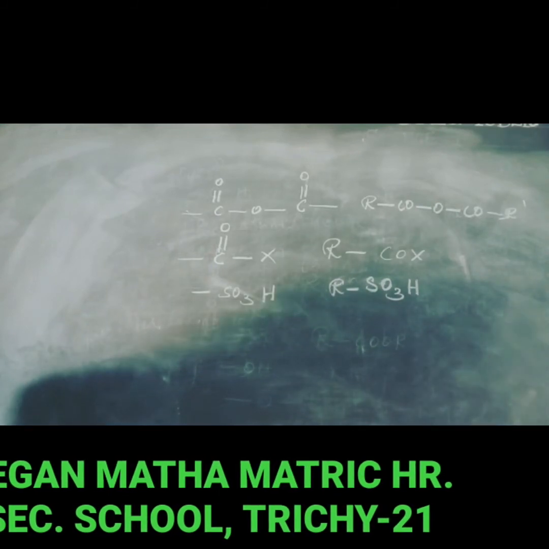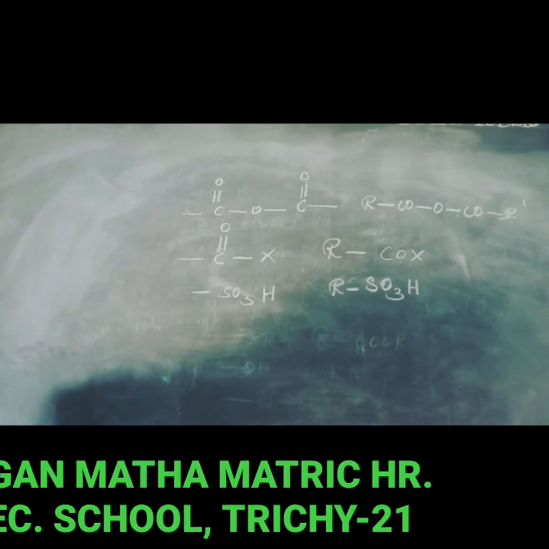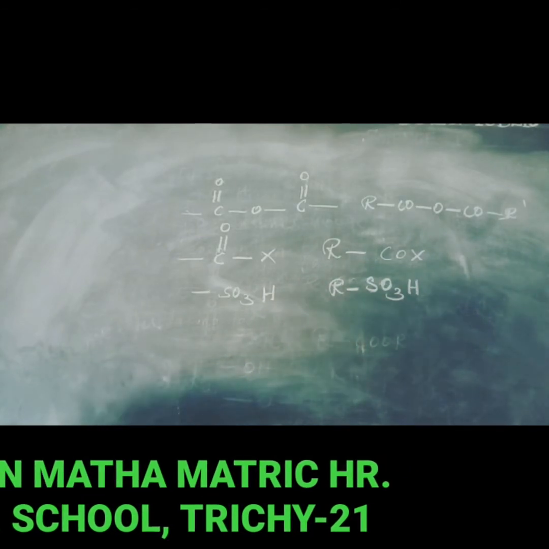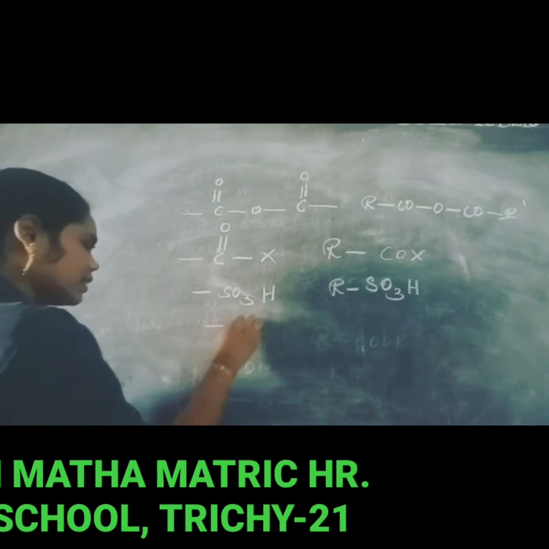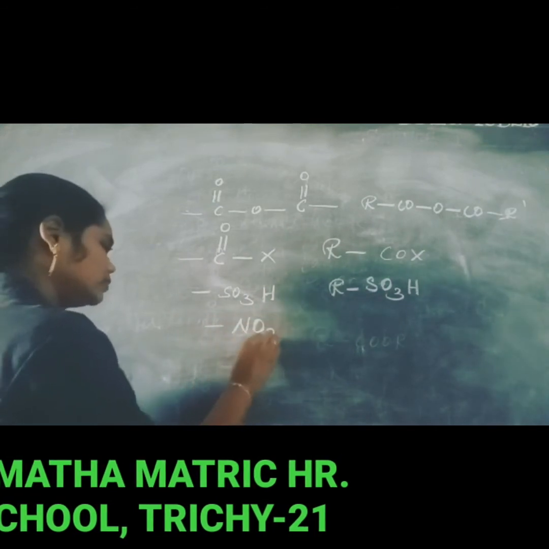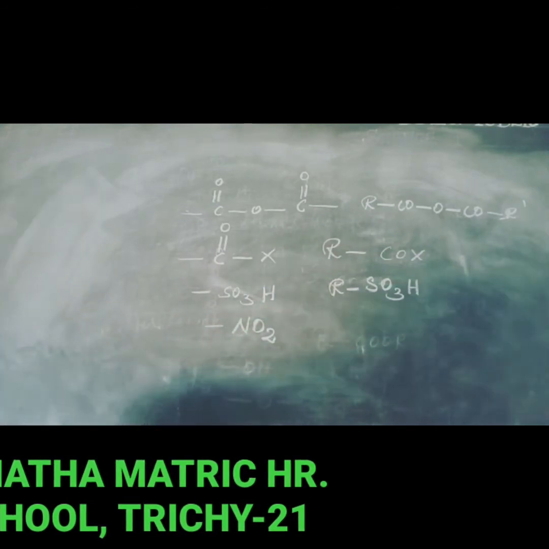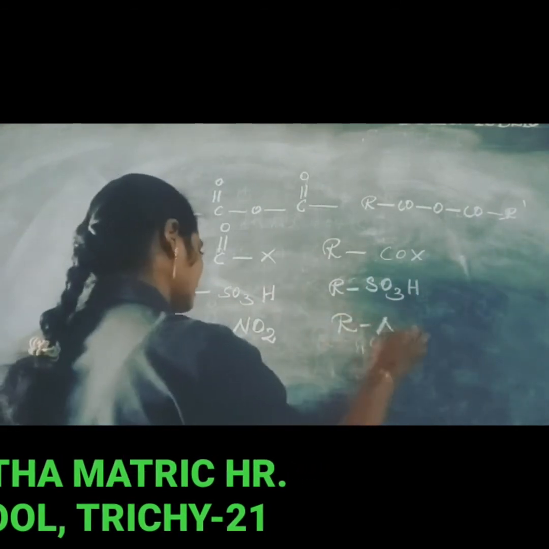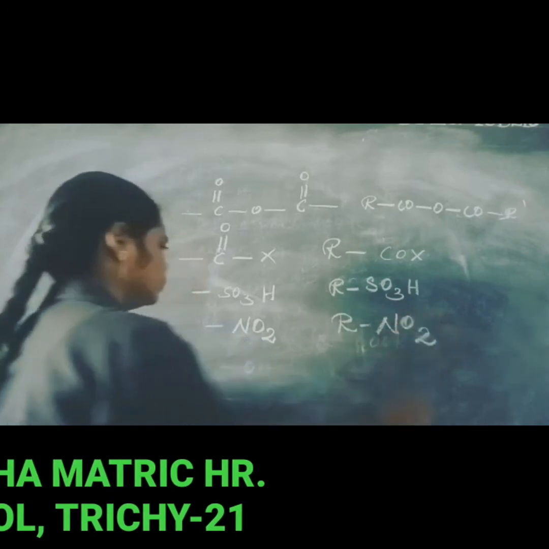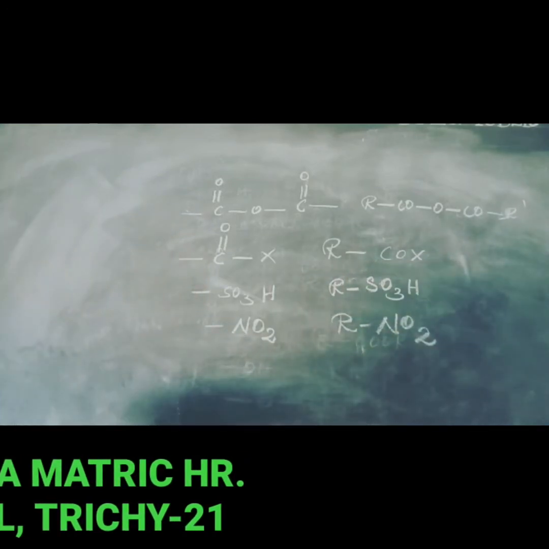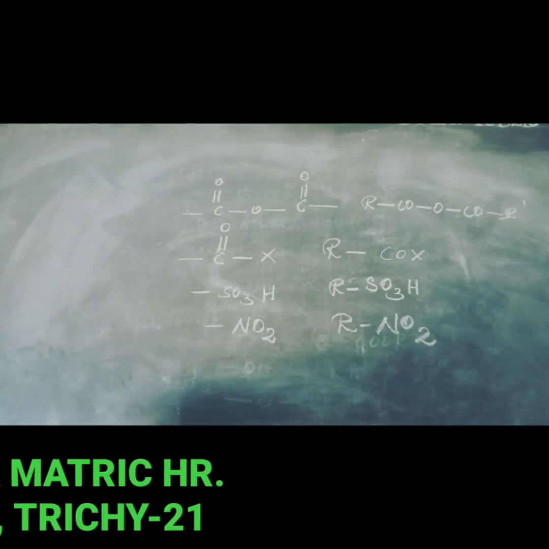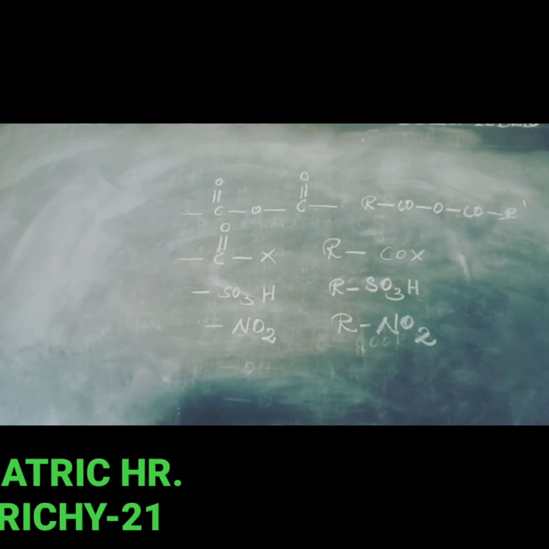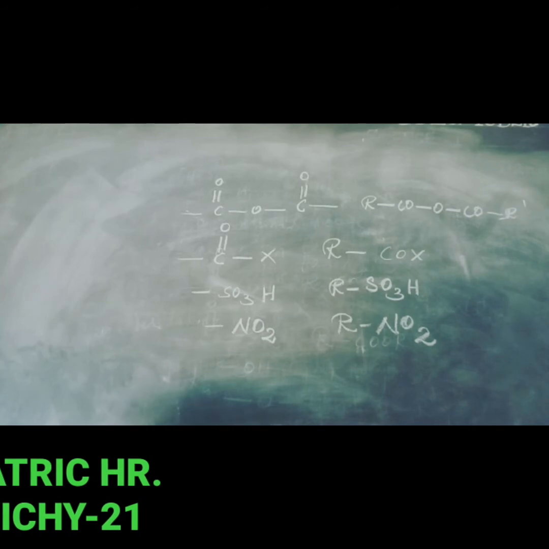And next one, nitroalkane. The nitro functional group is NO2. So what is the formula? R-NO2. And next one is amine. Amine is NH2.